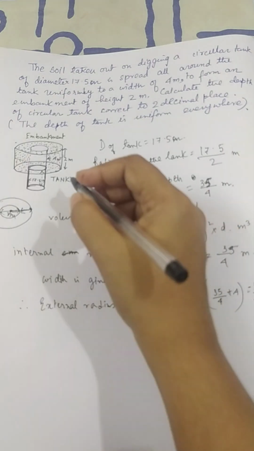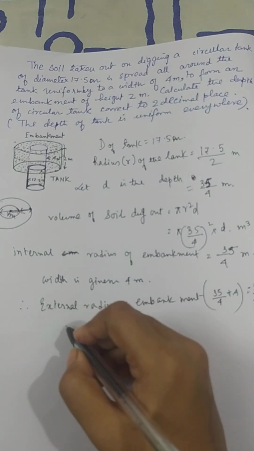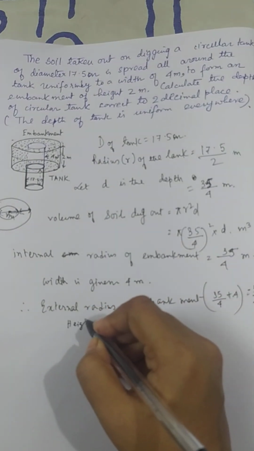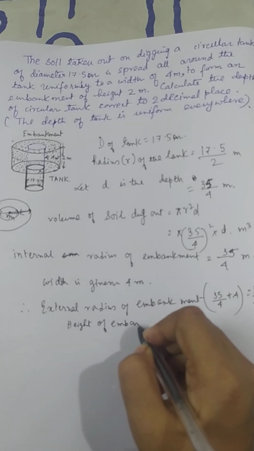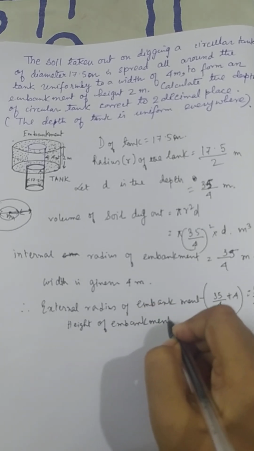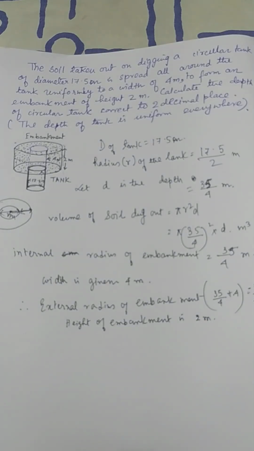Now height of the embankment is given 2 meter, right? Height of embankment is 2 meter. Okay.